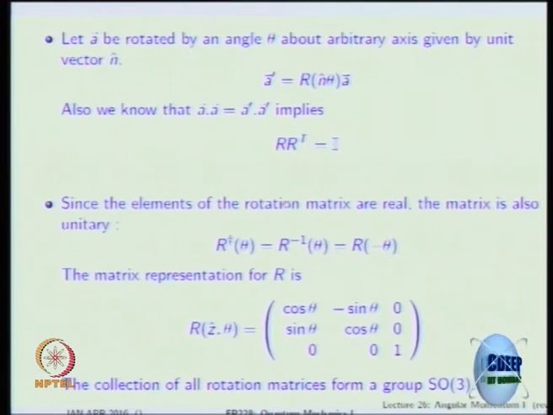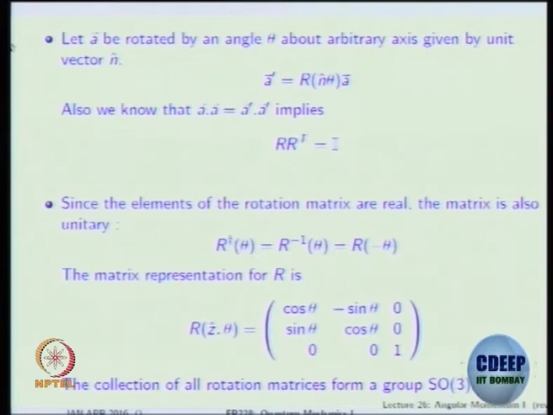But for each of those new 3 by 3 matrices, you can show that it always satisfies the property R transpose R equal to identity. So this will be a set of infinitely many matrices. You agree? You can change theta, you can change the axis, but there are three independent axes which you have.